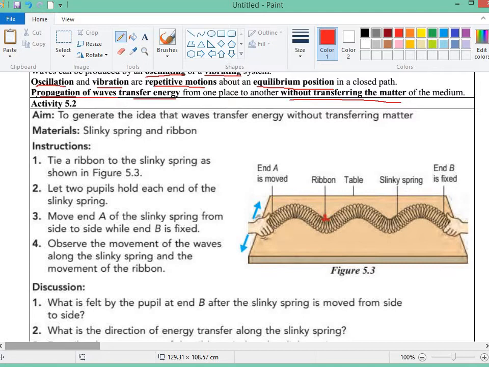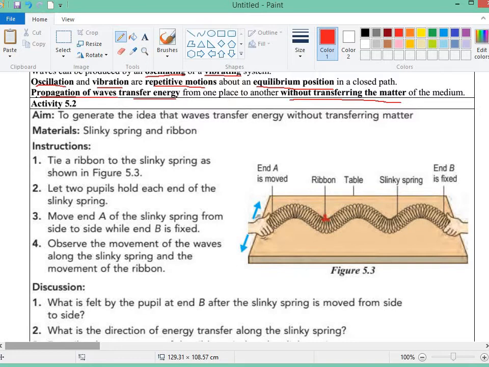And one more thing, from this activity, please don't let go like that. Another thing that I need you to observe is that there is transfer of energy, but no transfer of matter.